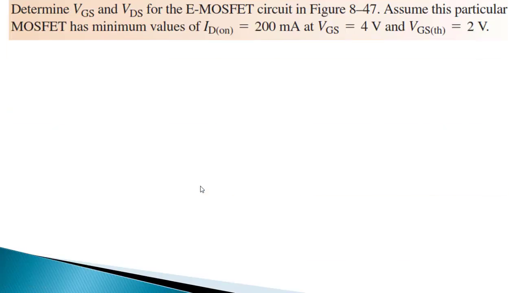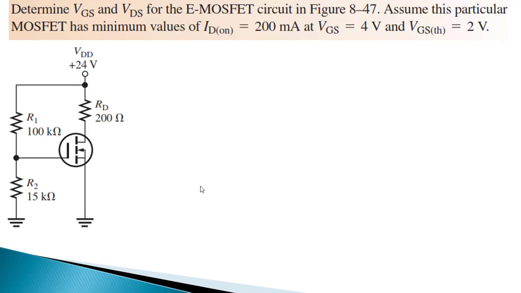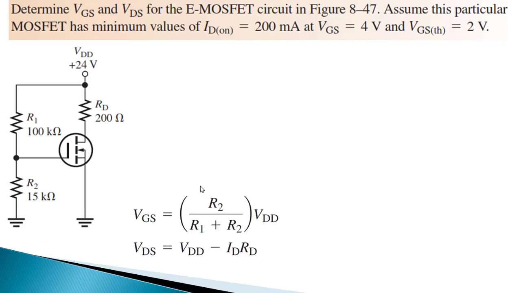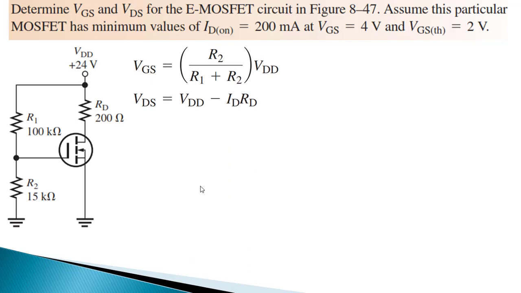Determine VGS and VDS for the E MOSFET shown in the figure. The values are given: ID on is equal to 200 milliamps, VGS on equal to 4 volt, VGS Th equal to 2 volt. These are the necessary formulas. VGS is equal to the total voltage into branch resistance R2 divided by the sum of the total resistance, and VDS is the voltage drop across drain to source, equal to VDD minus ID into RD.